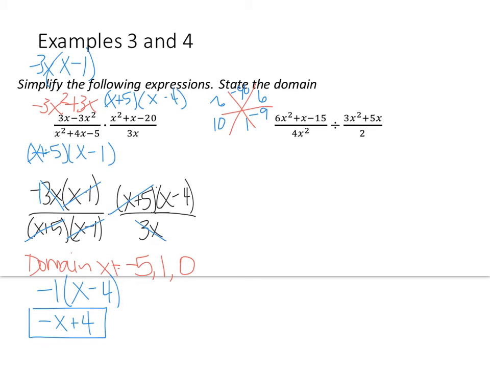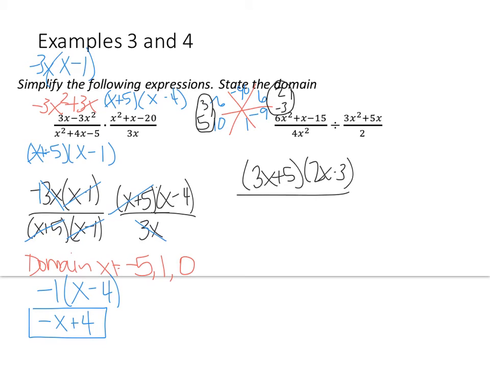10 over 6 will simplify down to 5 over 3. And negative 9 over 6 will simplify down to negative 3 over 2. So the top factors out to 3x plus 5 and 2x minus 3. 4x squared won't be able to factor, so I can go ahead and write that.